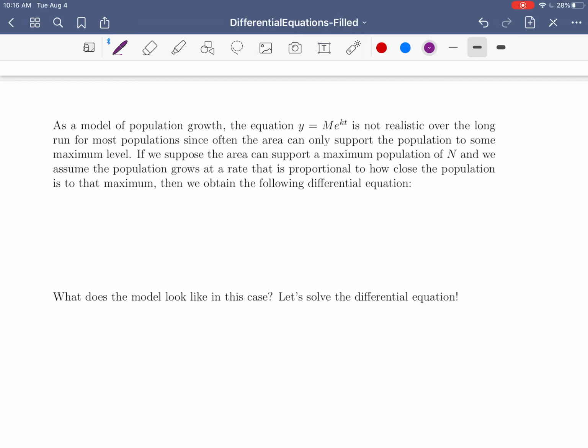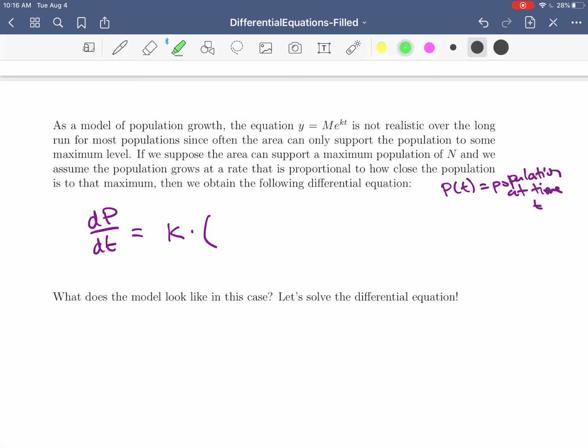So if we say the population is P, so P of t is the population size at time t, then dP/dt, the rate the population grows, is proportional to, but here it's proportional to how close the population is to the maximum.